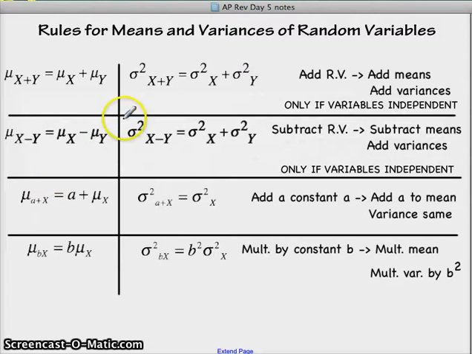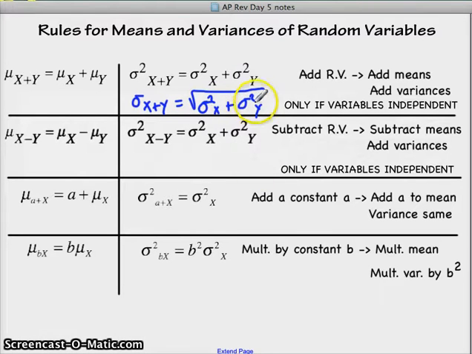But then look at the variances. So if I'm adding two random variables, I can add their variances. So if I just wanted the standard deviation of these two random variables, I would take the square root of those variances added up.